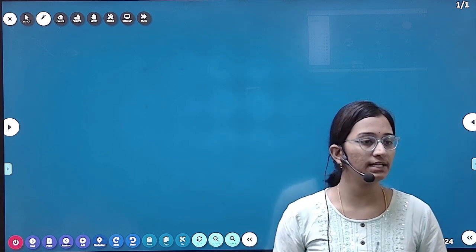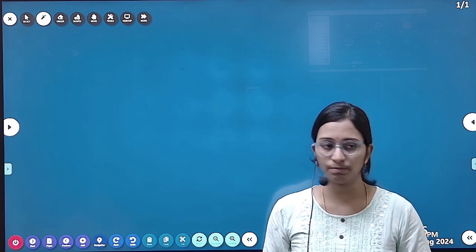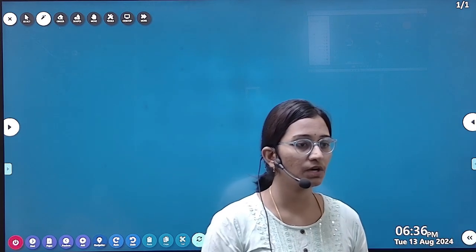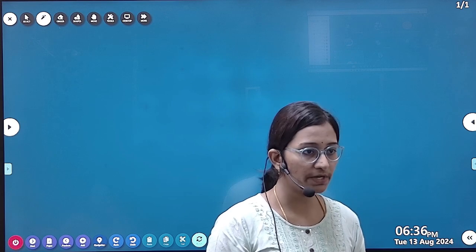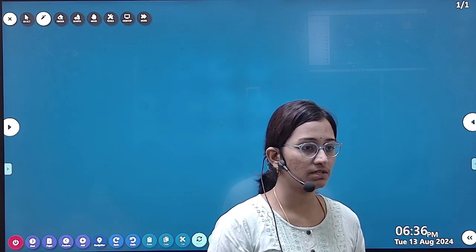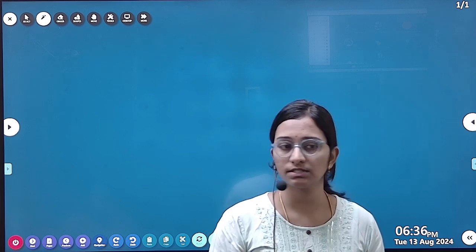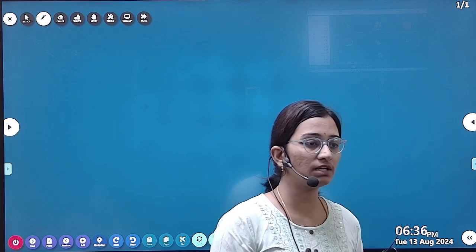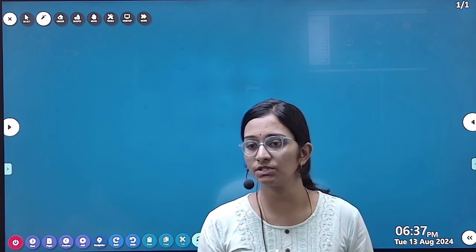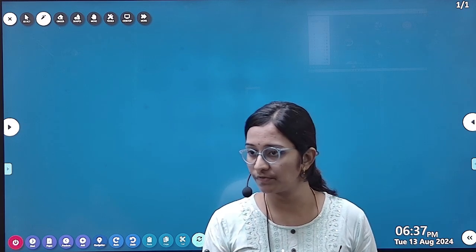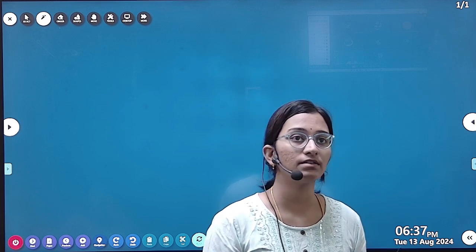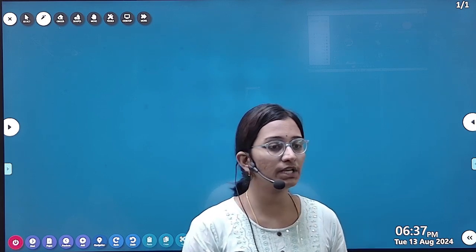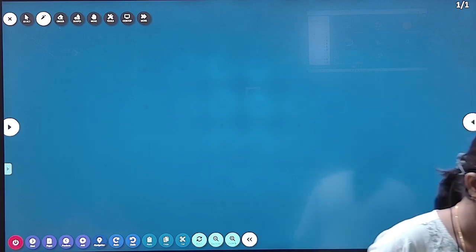Now she is selling the same soap for 30 rupees. Will the customer come to me or to her? Her. So here what's the difference? The cost. They won't look at the quality. Some types of customers will only look at the cost, some will look at the quality, some at the color, some at the packing. So different types of customers we have, and we need to move according to that.